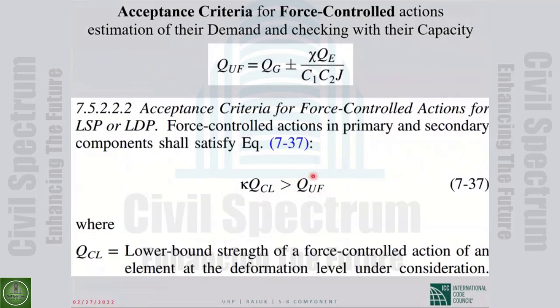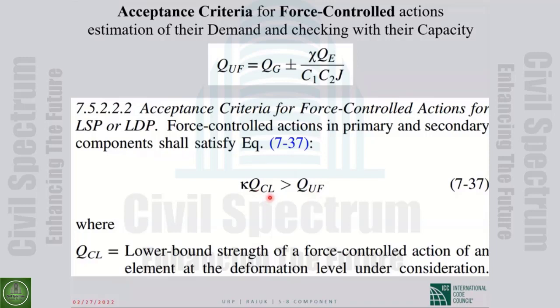We just do a better estimation of them by dividing by C1, C2, J, and then the lower bound capacity of the force control parameter should be not less than the demand.